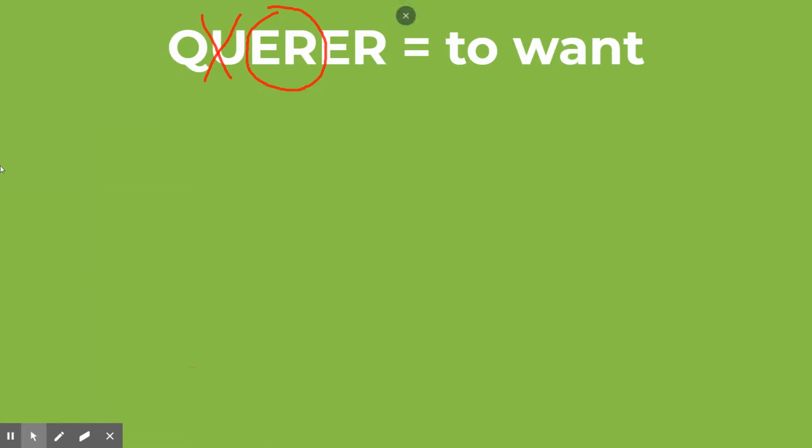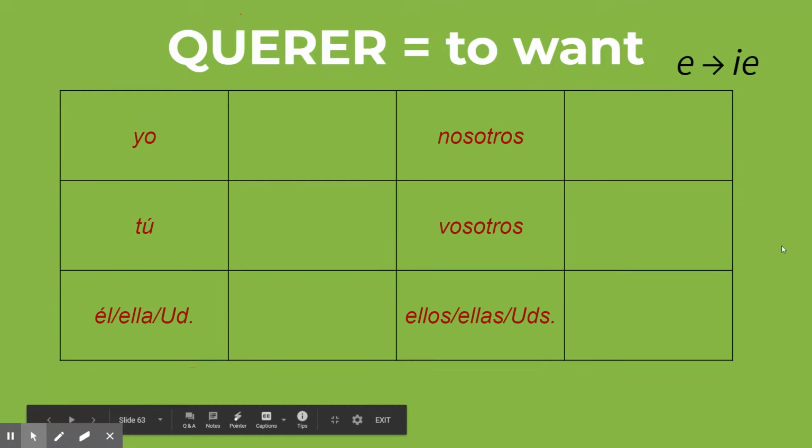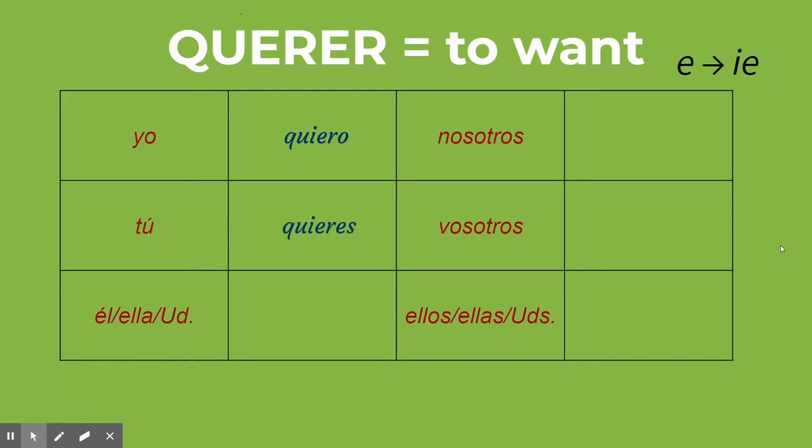One more verb that works like this is querer. Querer means to want. Again, the E becomes IE. Quiero. Quieres. Quiere. Queremos.